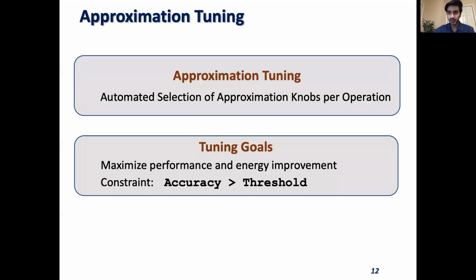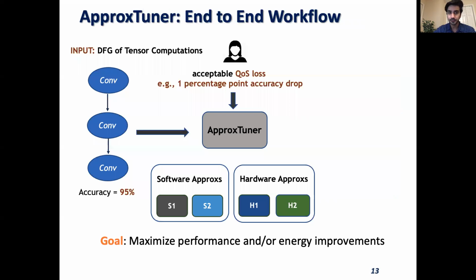This task of automatically selecting approximation knobs for each application component or operation is called approximation tuning. The goals of this tuning is to maximize performance and or energy efficiency while maintaining accuracy higher than a user given threshold.